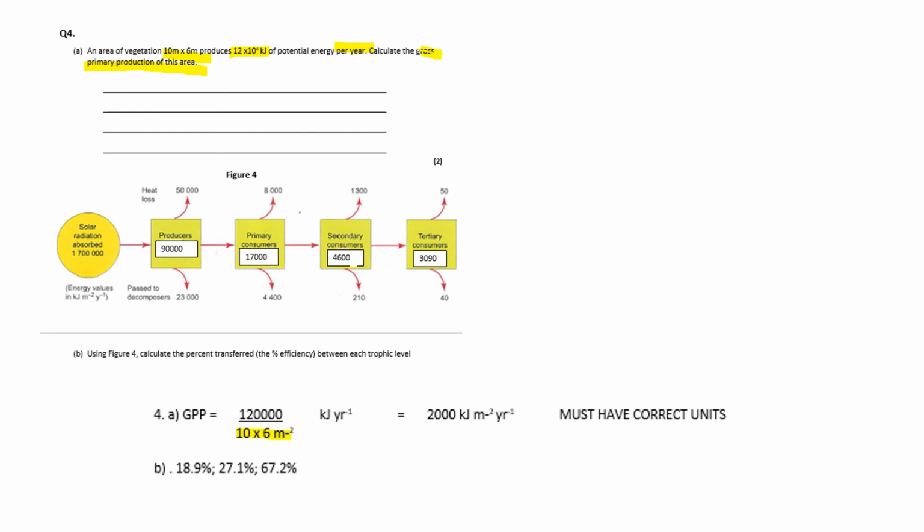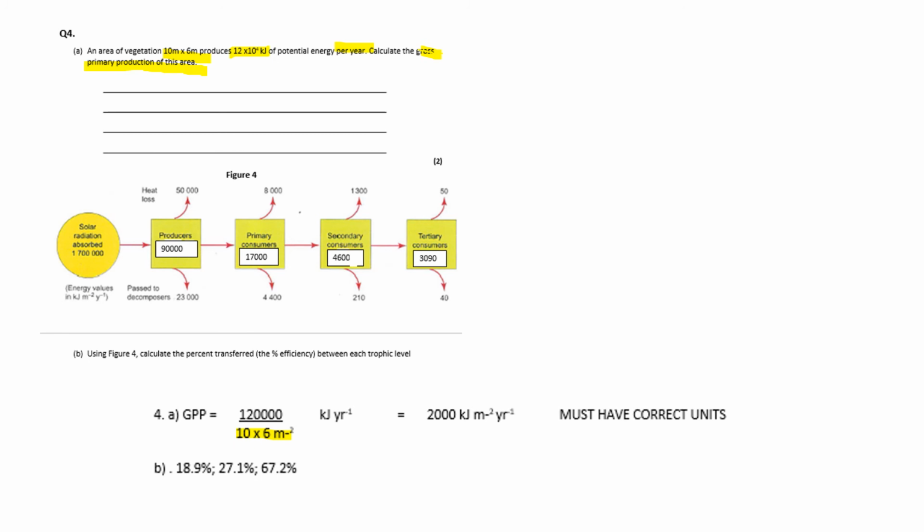And then you're going to work out how many kilojoules is in that area per year. Okay, so we know that there are 12 times 10 to the 4 kilojoules per year potentially produced by that area.